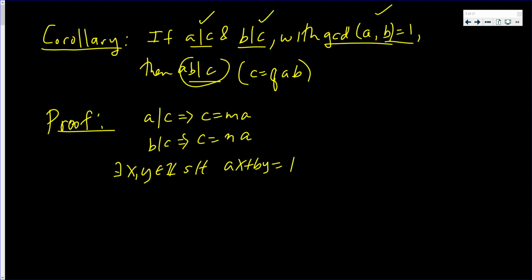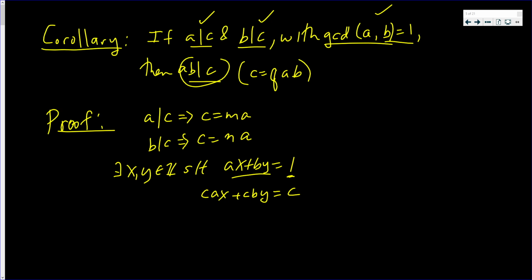So I'm motivated to multiply by C on both sides, because on the right side I get C. Multiplying the left side I get CAX plus CBY. I want to factor out an AB.